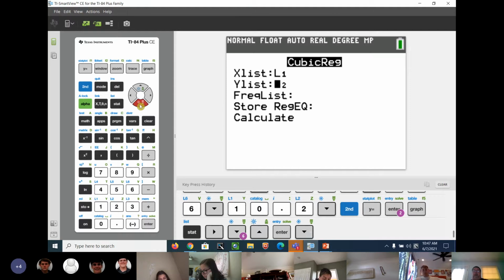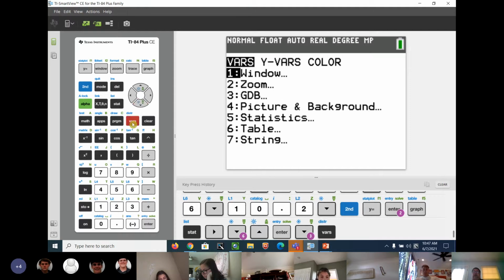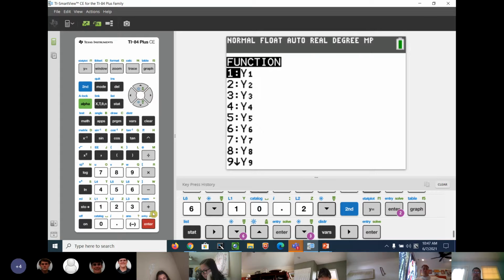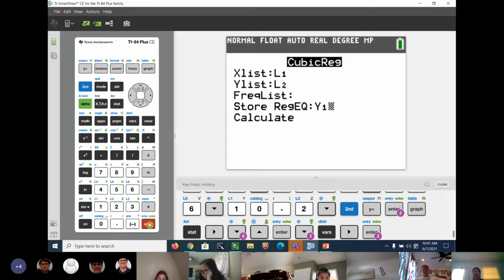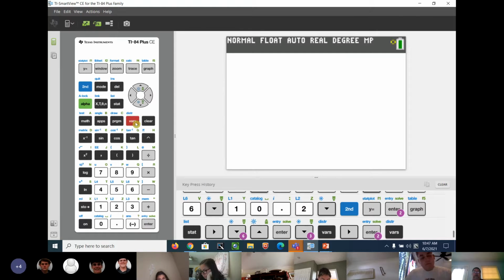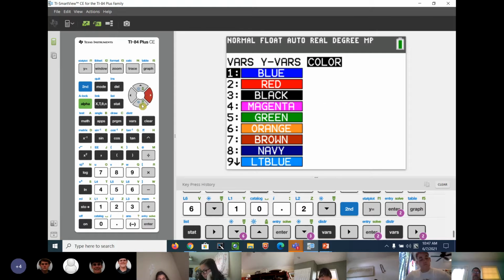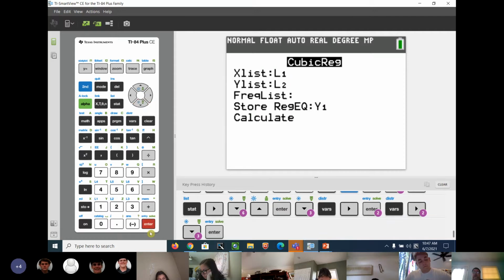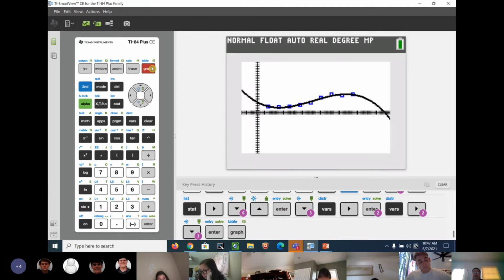And remember, right here, what do we hit? We hit vars, y vars, function, y1, and let me hit one more thing. Color, let's do a magenta. And graph.